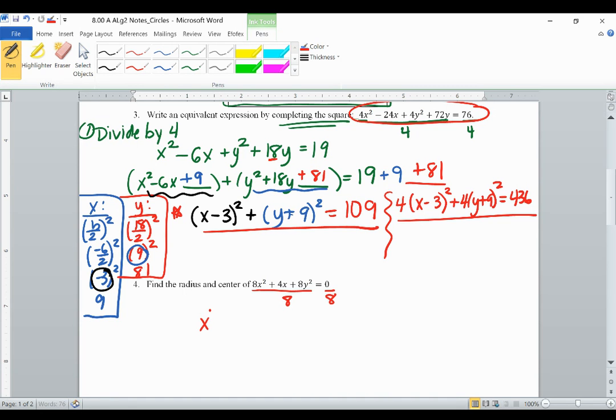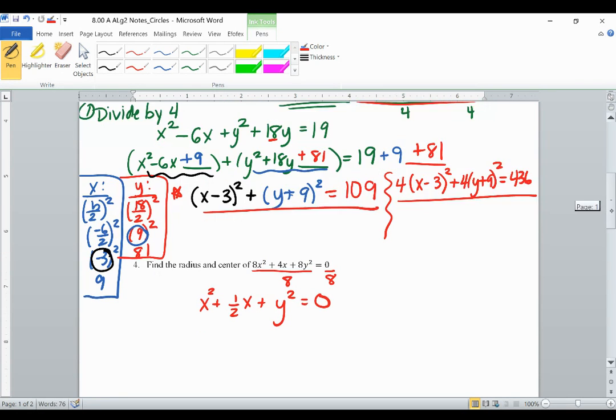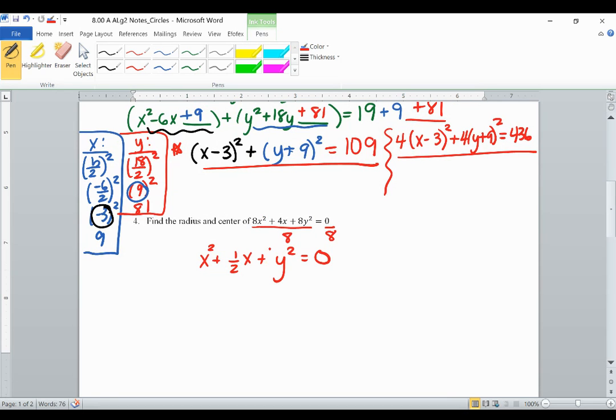So this gives me x squared, 4 over 8 is going to give me 1/2 x plus y squared equals 0. So a little bit shorter, so we don't have to add anything. All right, we don't have a b value for the y squared, so we're really just completing the square for the x's. So I'm going to leave a blank here, and there's no constant to add over, so I'm just going to leave that like that.